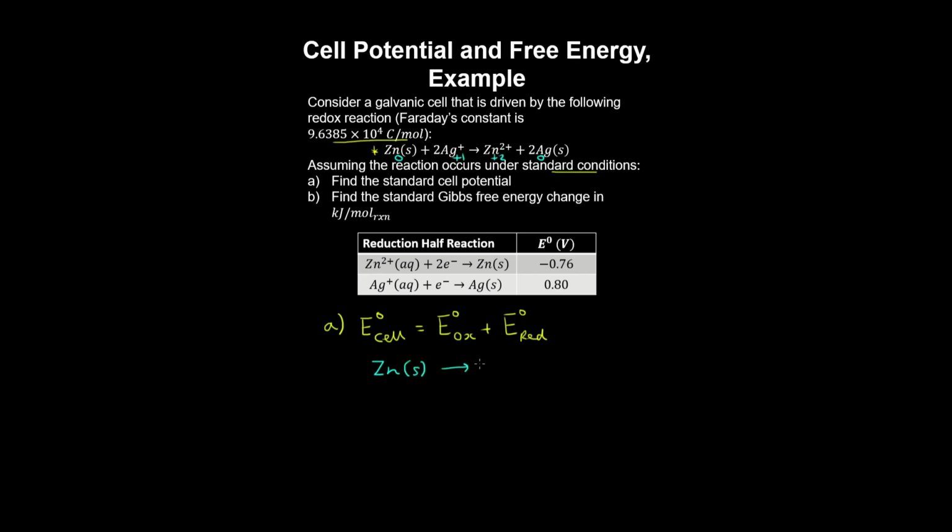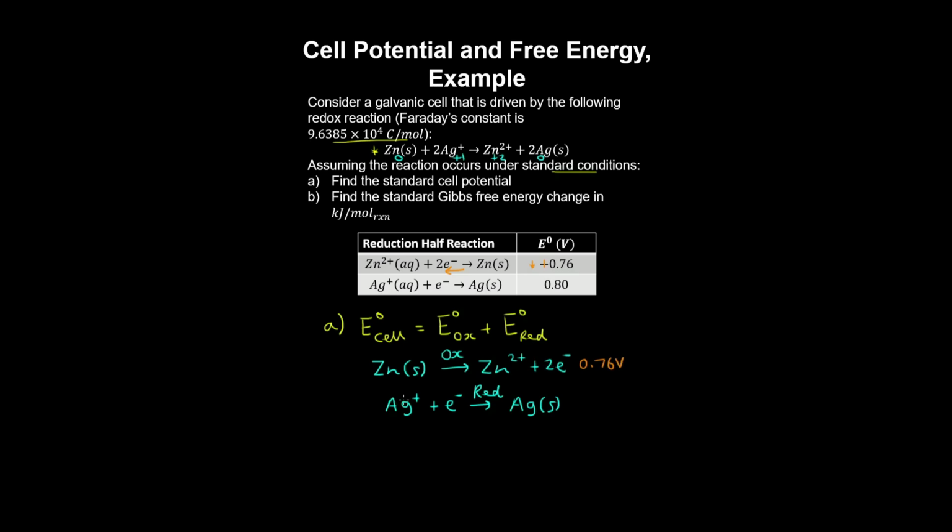So zinc loses 2 electrons, so that's being oxidized, and silver gains an electron. So given that these are reduction potentials, we reverse the reaction and thereby reverse the sign of the potential.